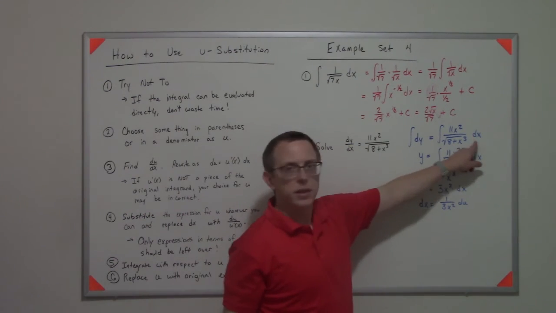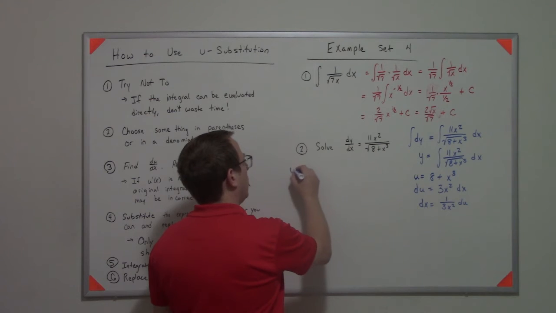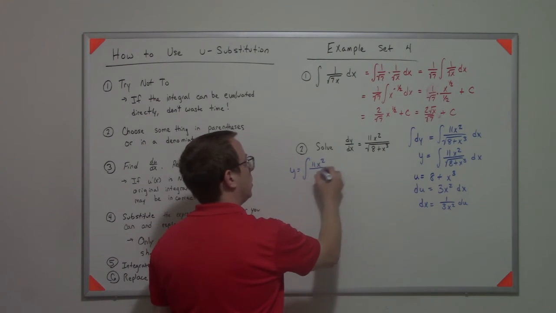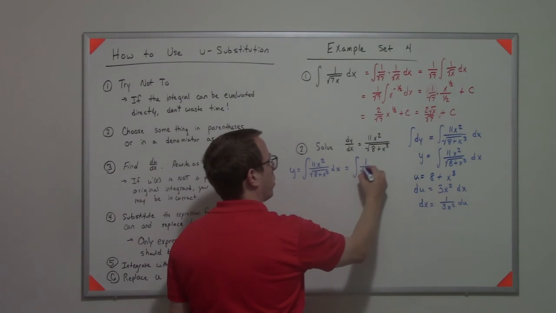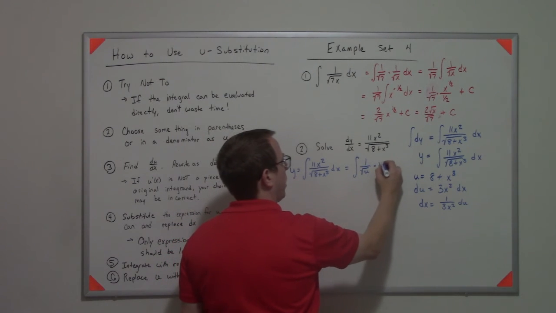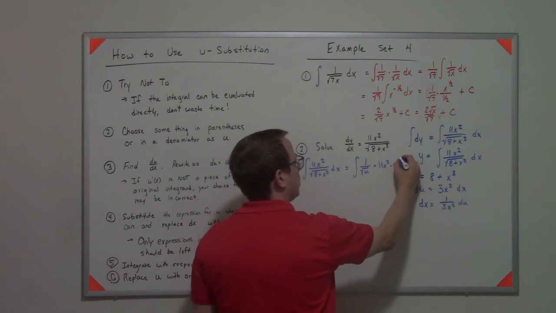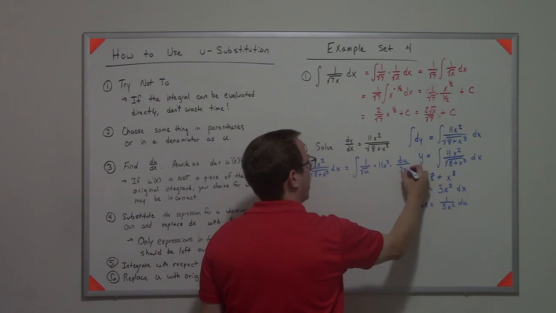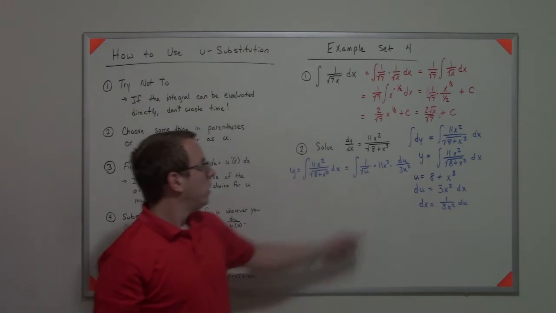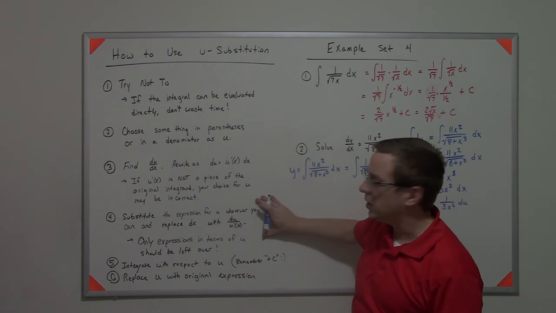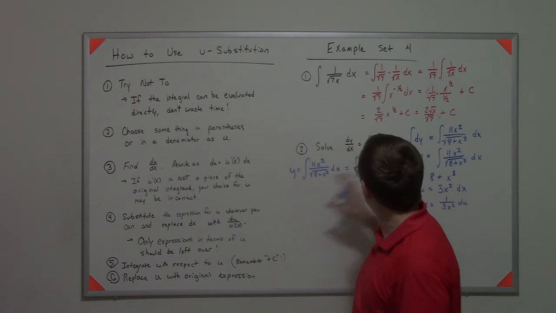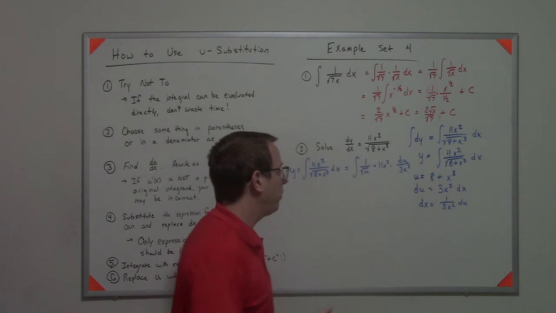So again, we're going to take this here and say y equals that, which is 1 over the square root of u times 11x squared times du over 3x squared. So that's this piece and then this piece. And the x's are going to cancel, so we're going to have everything in terms of u.